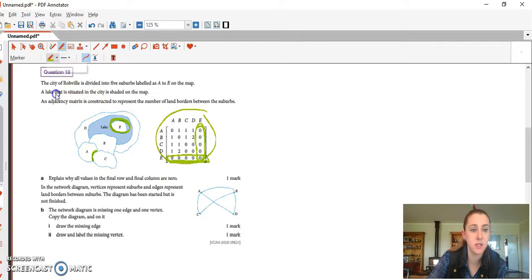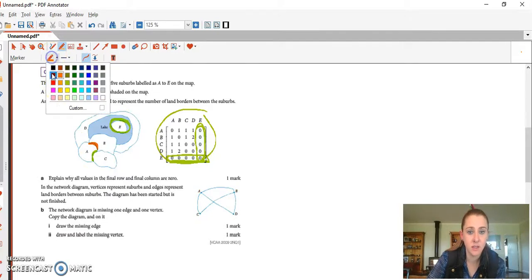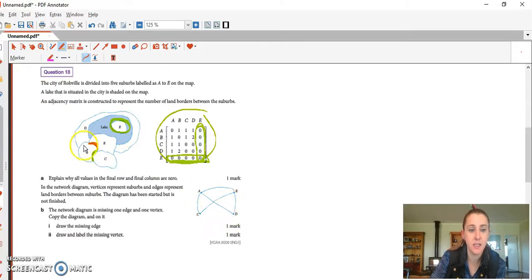I'm just going to swap colours. So AB is this part here. And then we've also got AD here, again represented here. So those are those 3 edges that give a degree 3.